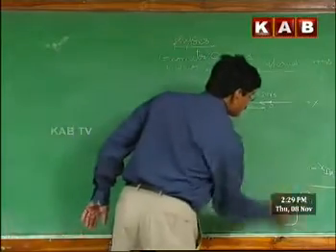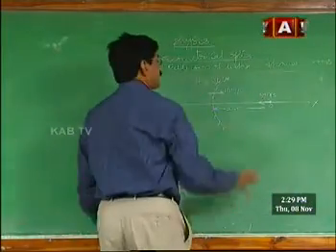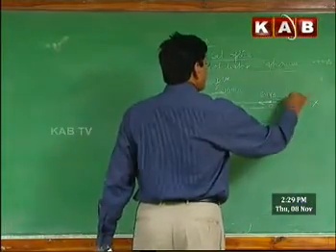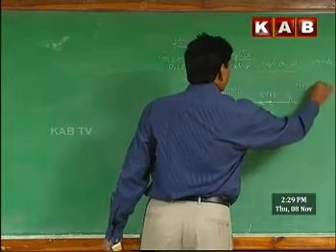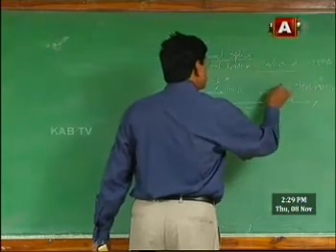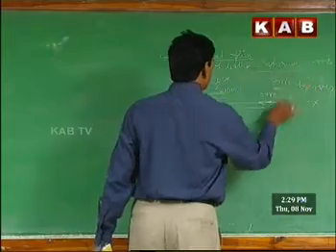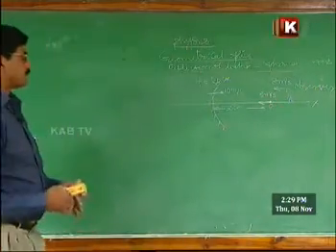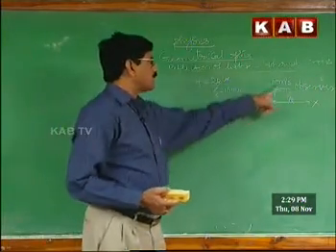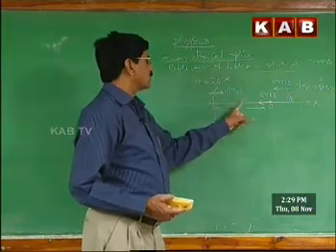So, let us consider an observer moving towards the mirror at 8 meters per second. The object is approaching the mirror, and the observer is also approaching the mirror.